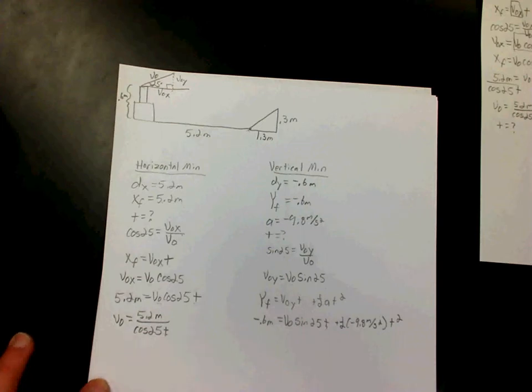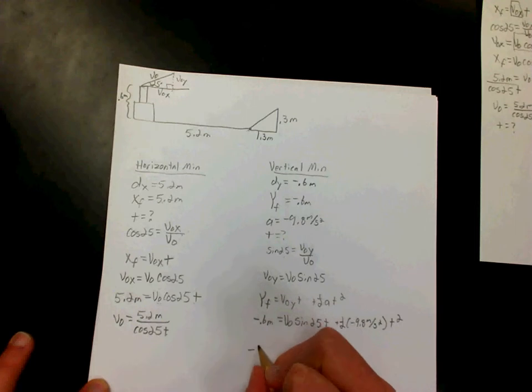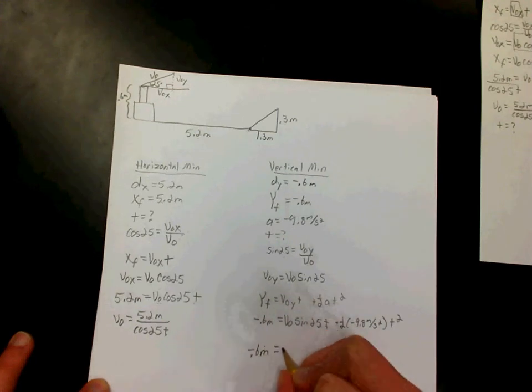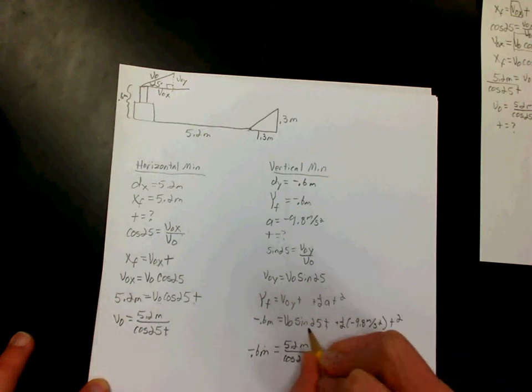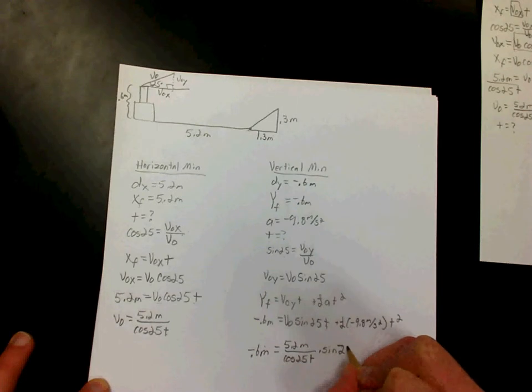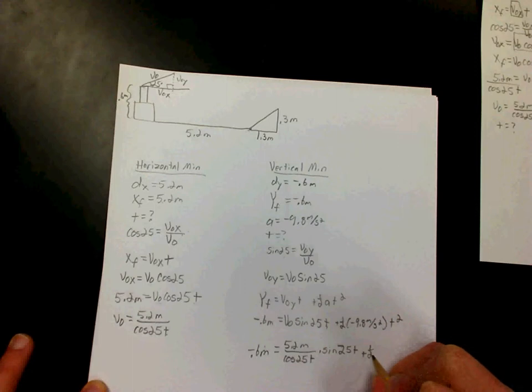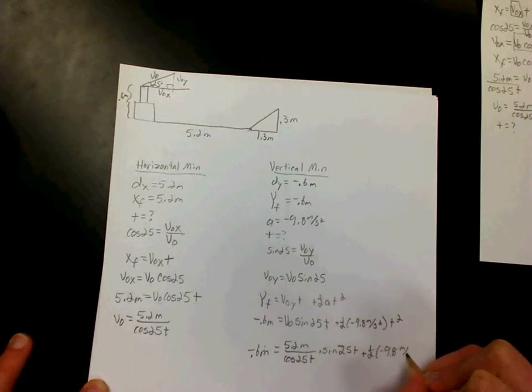So now we can substitute that in, and it will look like negative 0.6 meters is going to equal 5.2 meters divided by the cosine of 25 times time, times your sine of 25 times time, plus, just bringing this down now, negative 9.8 meters per second squared, t squared.